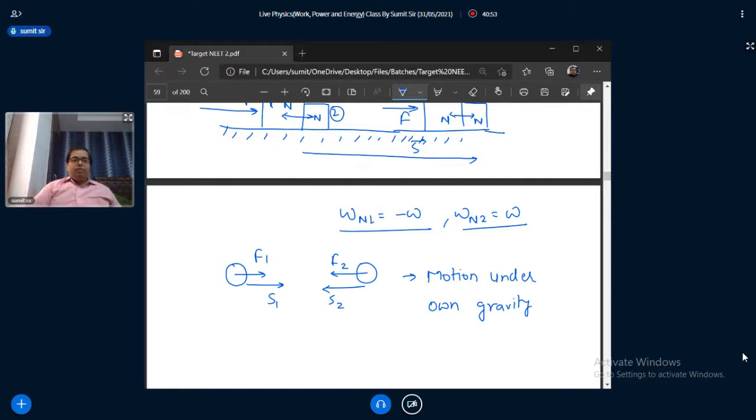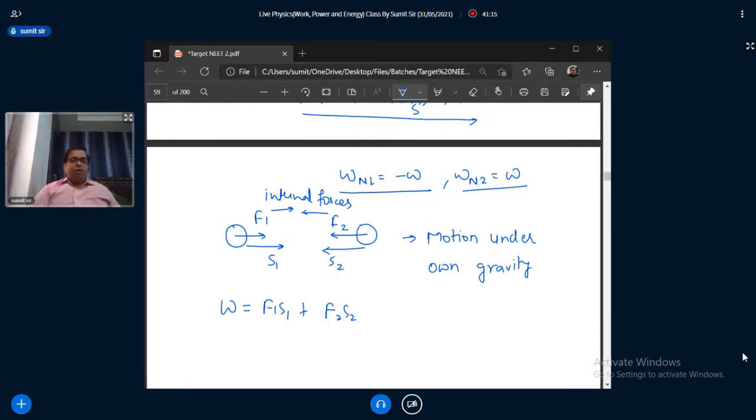So what we observe now is work done is F1 S1 plus F2 S2. These two forces are internal forces. So work done is equal to F1 S1 plus F2 S2.